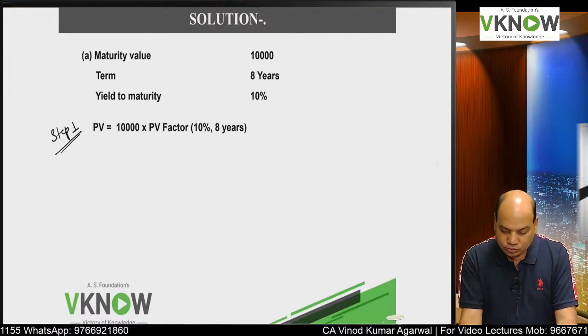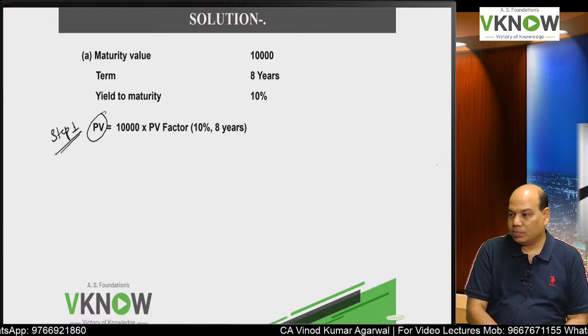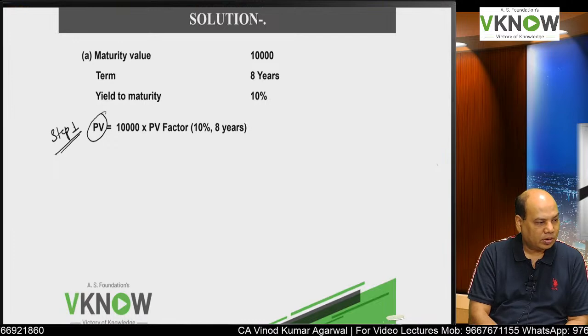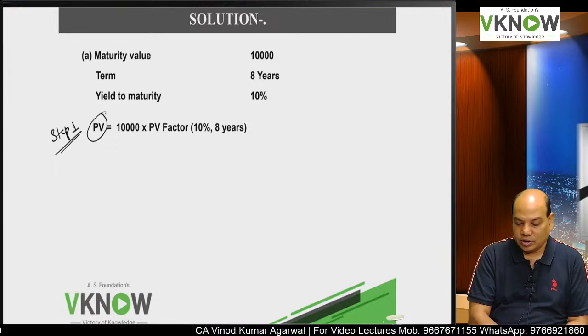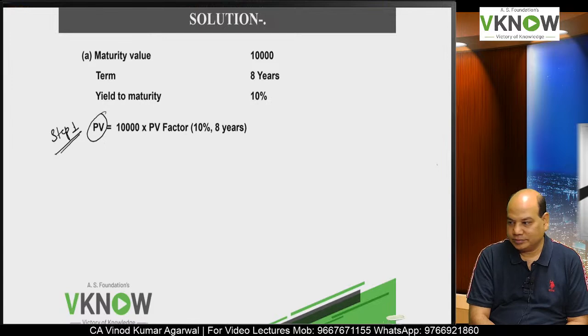Present value of the bond is equal to, because this is a zero coupon bond, you will only get 10,000 rupees on maturity, and you will compute the present value. So 10,000 into PV factor, 10%, 8 years.